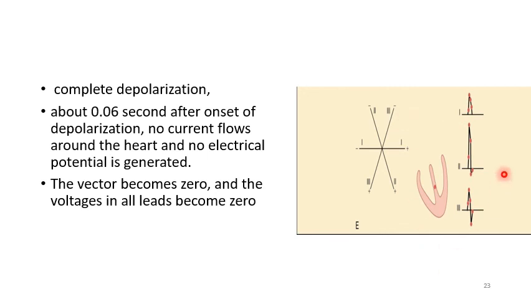We have now the R and S in lead 2 and lead 3, and we have the R in lead 1. Now, what about the Q wave? We haven't seen a Q wave in these three leads.